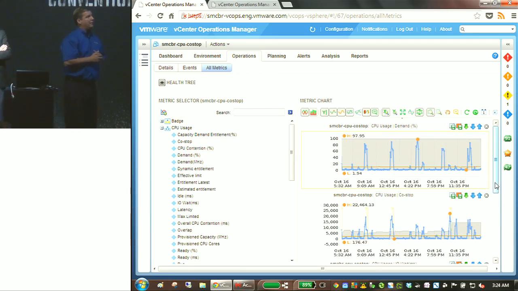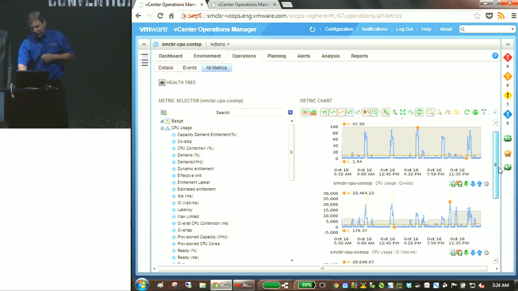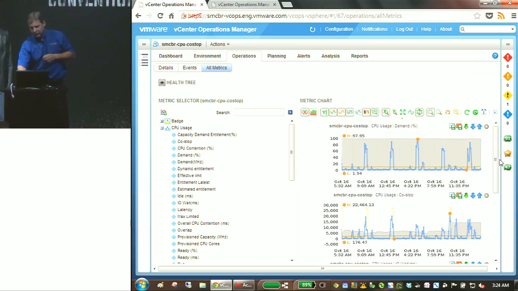Okay, so CPU demand. CPU demand or contention is usually caused by something. And on the first graph, you don't know why you have CPU demand. You only know that you have CPU demand, actually, CPU contention. So if somebody's complaining, then that means that the VM didn't get what it wanted, right? And that's called contention. So you want to come here and look at all the metrics that can cause contention.